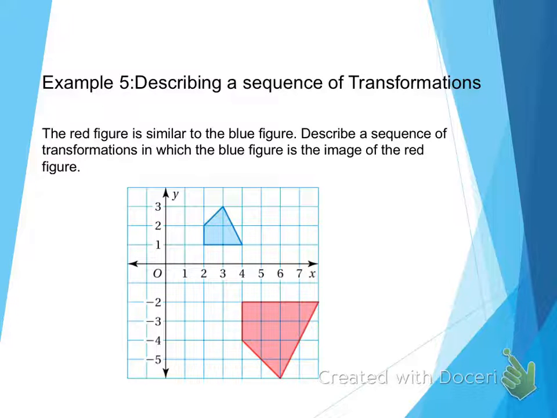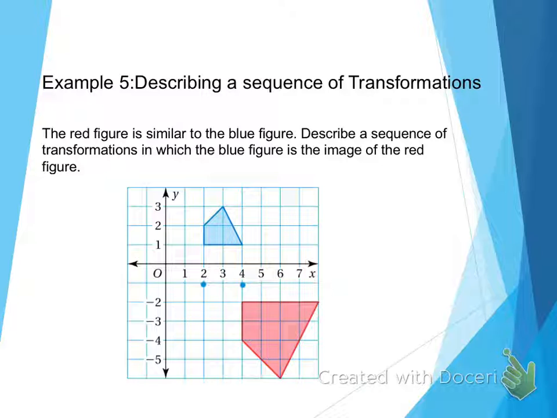After dilating, let's go ahead and do that dilation here. If we go ahead and dilate by 1/2, instead of being 4, 2, it would be 2, 1. Instead of 8, 2, I'd have 4, 1.